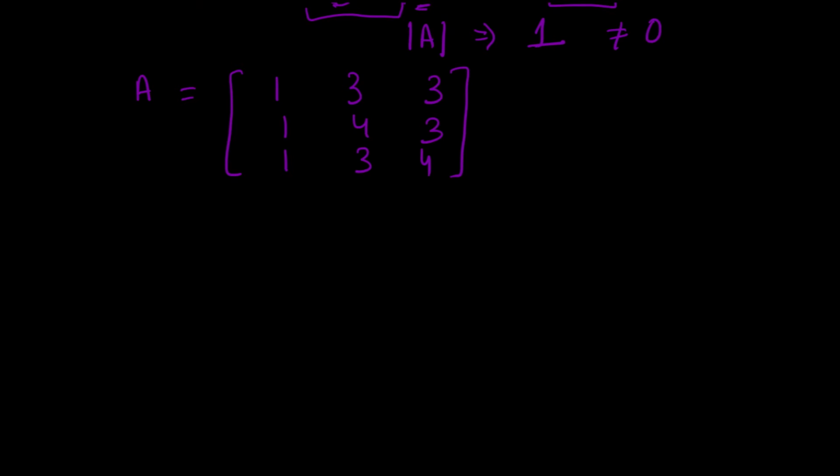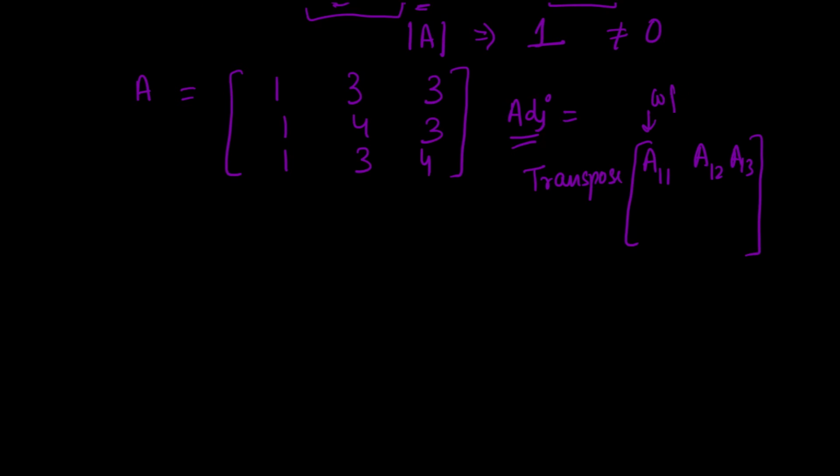In order to find the adjoint, it's actually the transpose of the cofactors of each element. The cofactors you write in terms of capital letters. So you have to find the cofactors for each element of this matrix, and whatever the answer you get, you need to find the transpose.